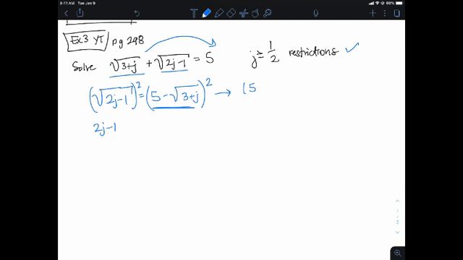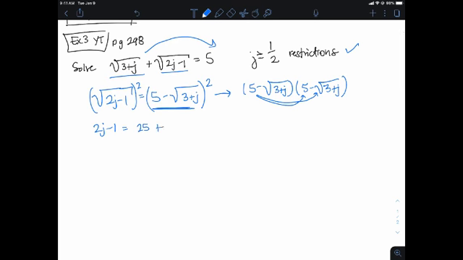So this is 5 subtract the root of 3 plus j multiplied by 5 subtract the root of 3 plus j. And then using my FOIL method, the skills we just practiced in multiplication: first term times the first, so 25. First term times the second, so 5 times negative root 3 plus j, 5 times negative 1, so negative 5 root 3 plus j. I'm going to change the color of this, hopefully it makes it a little more clear.